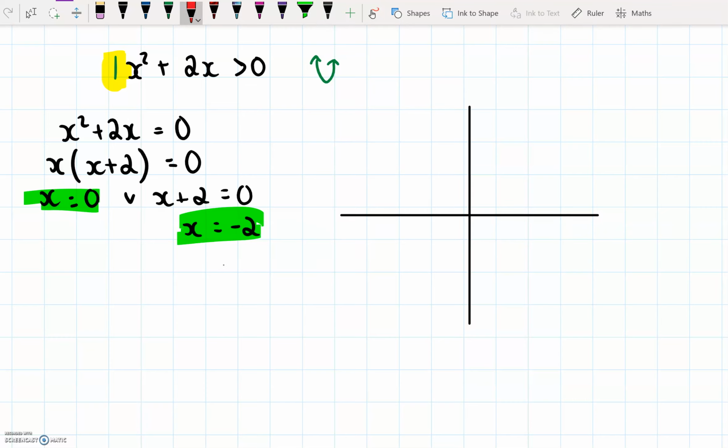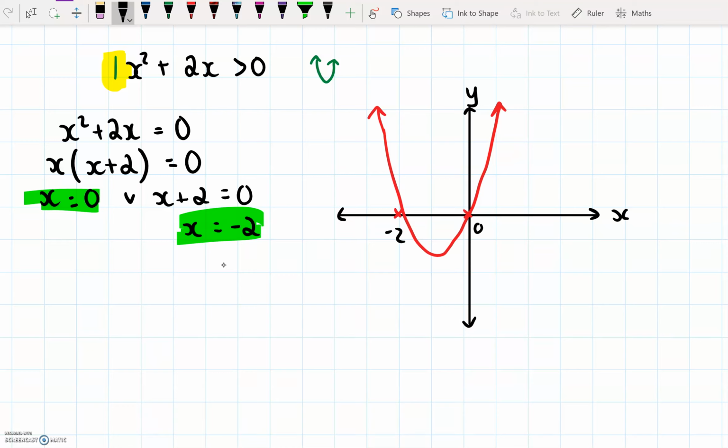So we can put a mark in at 0 and a mark in at minus 2, and our parabola is going to look something like this. We have x and y. This is minus 2 and this is 0.